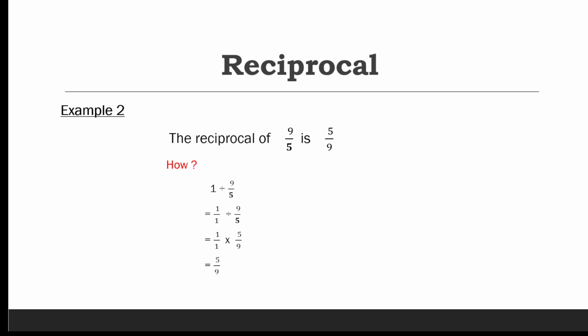Multiplying numerator by numerator, we get 1 times 5, which is 5, and multiplying denominator by denominator gives us 1 times 9, which is 9. So finally, our answer is 5 over 9. This confirms that the reciprocal of 9 over 5 is 5 over 9.